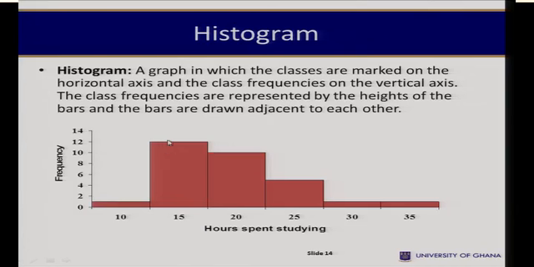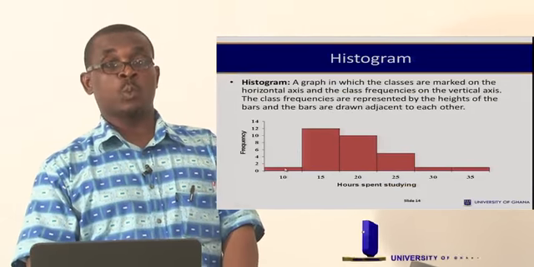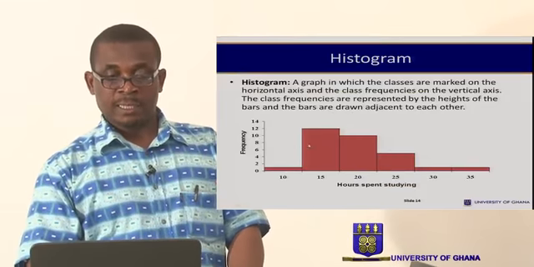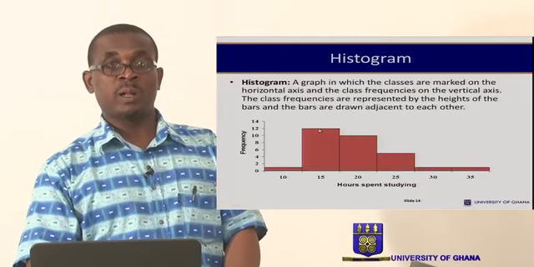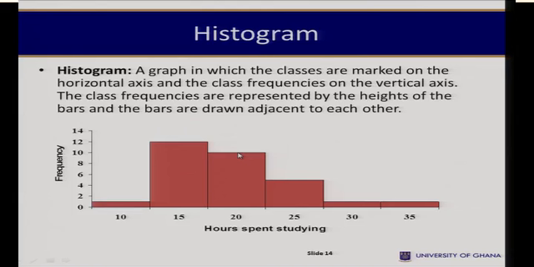So it has the highest bar. So the height of this bar is equivalent to 12. And these bars in the histogram must be adjoining. So this height is equivalent to 1, the frequency in the first class. This height is equivalent to 12, the frequency in the second class. This height is 10, the frequency in the third class, and so forth. And this is how you depict a histogram.